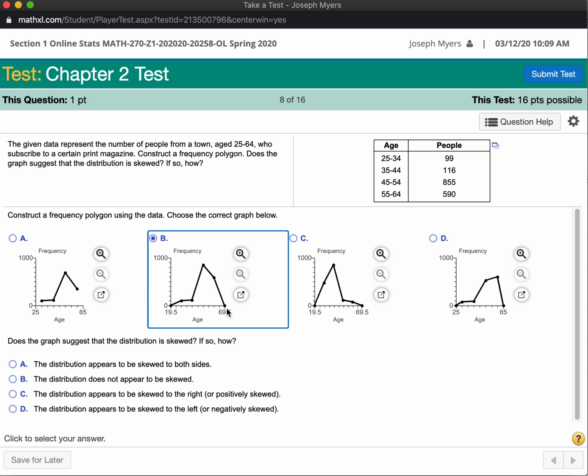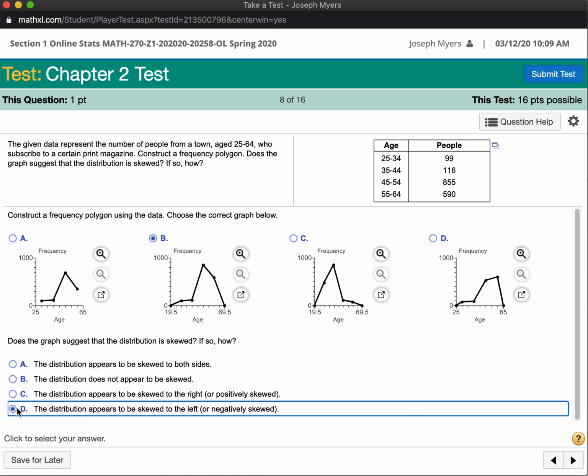And then it goes back down again. Okay, so that's the one I'm going to go with. And it appears to be skewed to the left because there's a lower tail out on the left side. So it appears to be skewed to the left, or negatively skewed.